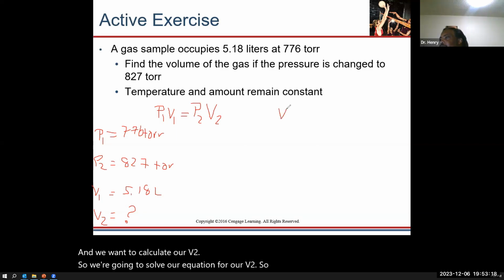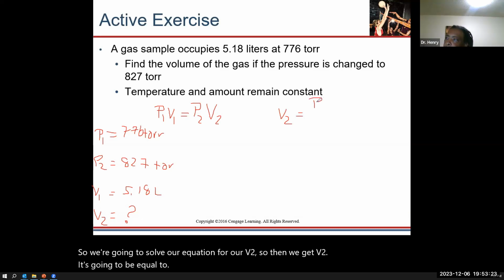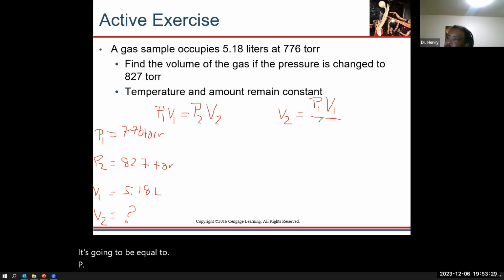So then V2 is going to be equal to P1 times V1 divided by P2. And then we just plug things in. 776 torr divided by 827 torr.